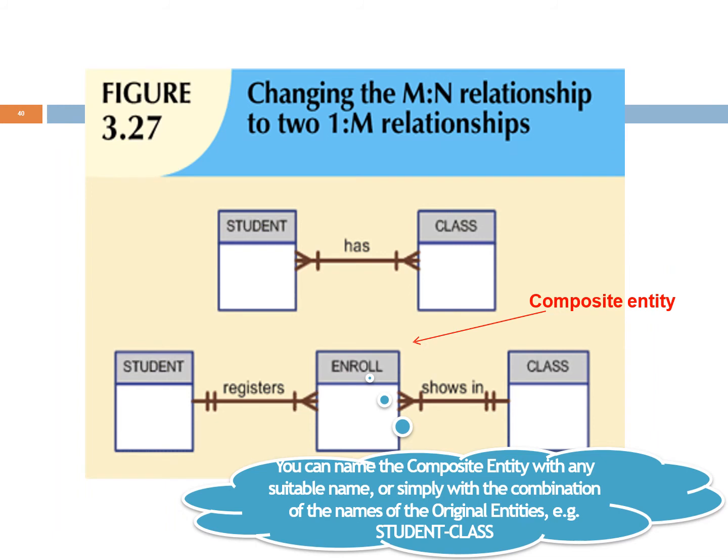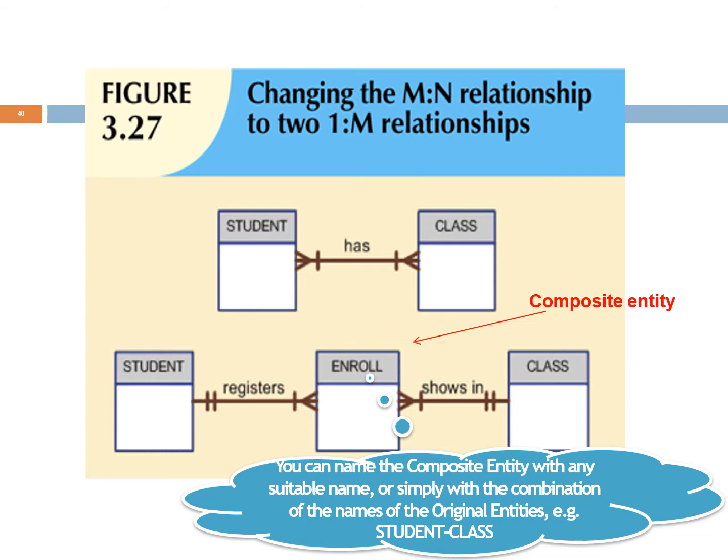Okay, we look at this slide. Originally we have student has class, so it is a relationship of many to many. So you cannot stop there. You have to break it down into two relationships.